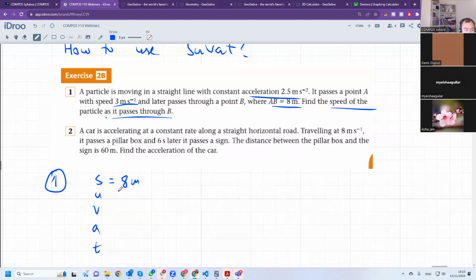We traveled 8 meters. The initial velocity is 3 meters per second. The final velocity, we don't know, and that's what we are looking for. Acceleration is 2.5 meters per second squared. And time is not given, and we don't need time.